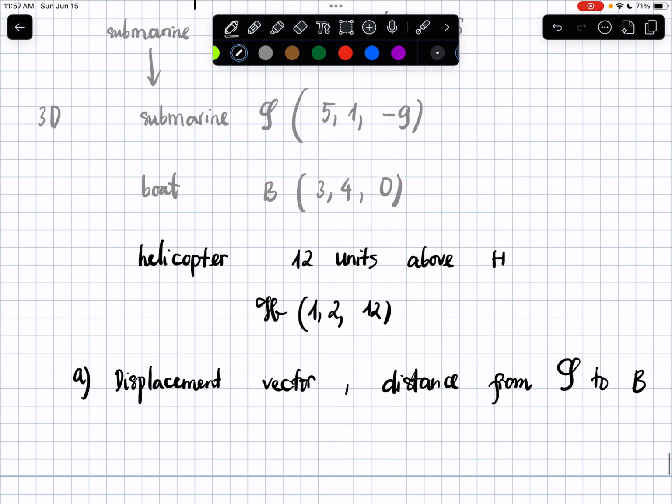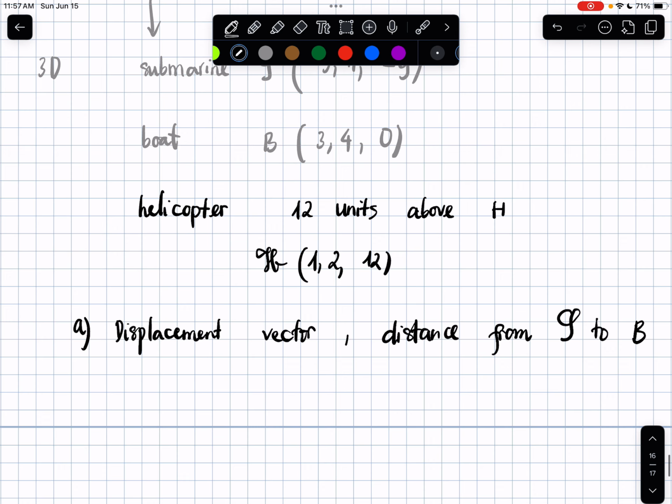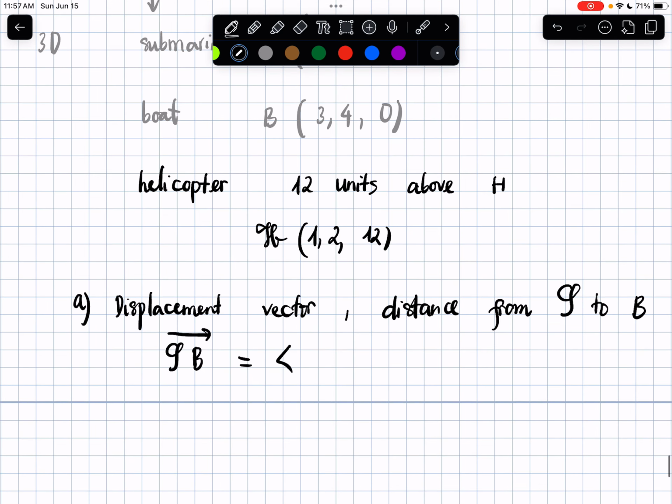Okay, so we need to compute vector SB. Vector SB is, in the general formula, xB minus xS, yB minus yS, zB minus zS.